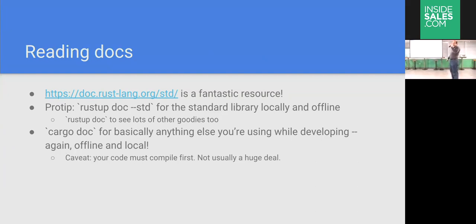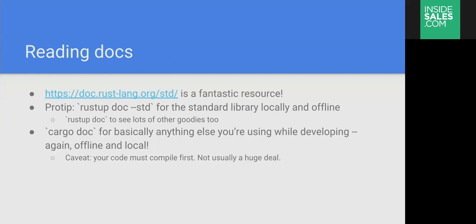Rust by default, most of the packages you pull down are going to have the source code included with it. So offline, local. You do have to get stuff to compile. That's not usually a huge deal, especially if you're making incremental change with your code, but you know that may or may not be, right?